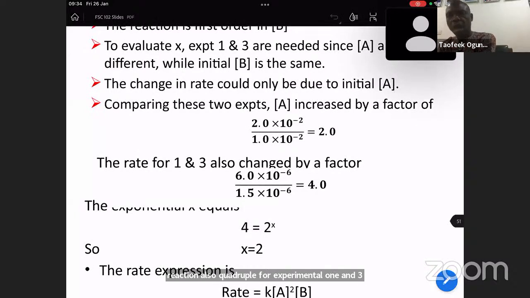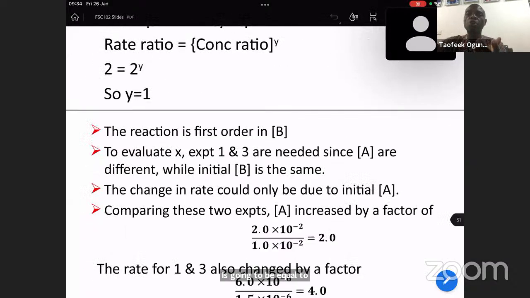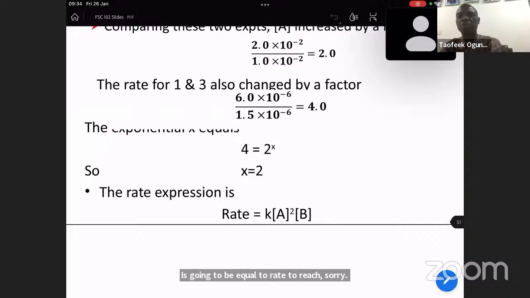How do you determine your X from this information? Your rate ratio is equal to the concentration ratio raised to the power of the order of reaction. In this case, 4 is equal to 2 raised to power X, and our X is going to be 2, meaning the order with respect to A is 2.